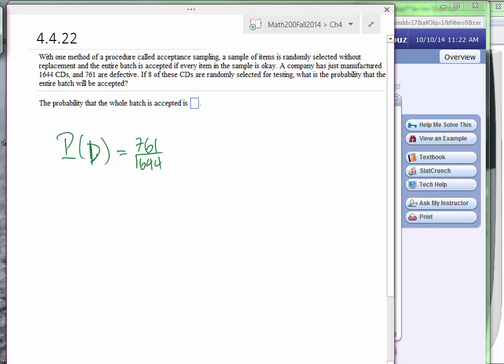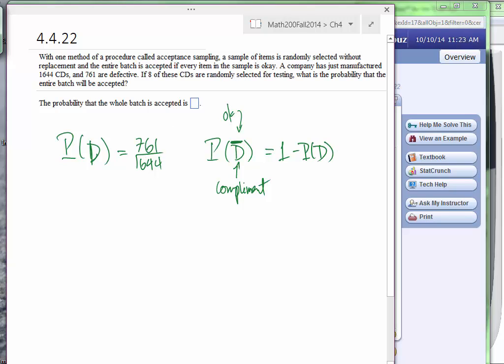Now, we're interested in sampling 8 of these CDs to make sure that they're okay. So let's find the probability that a CD is okay. If it's defective, it's not okay. If it's not defective, then it is okay. So okay means D complement, and the complement is 1 minus the probability that it is defective.